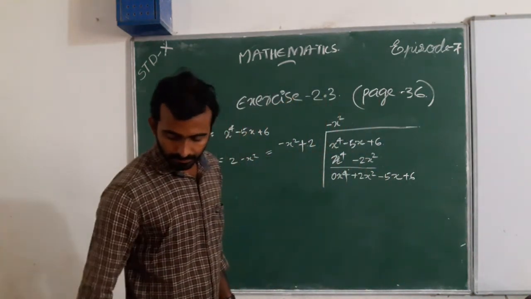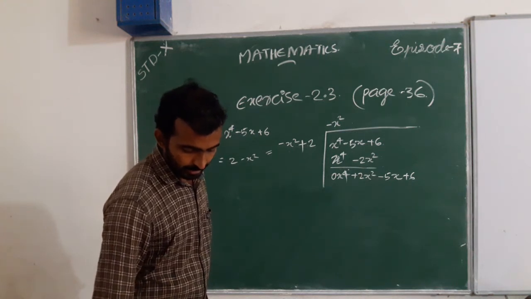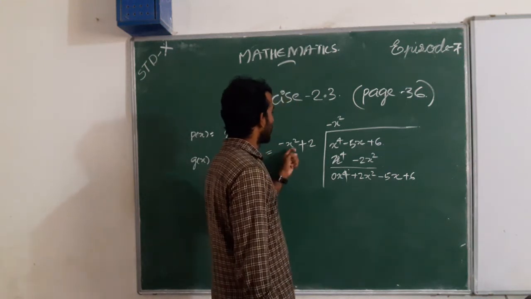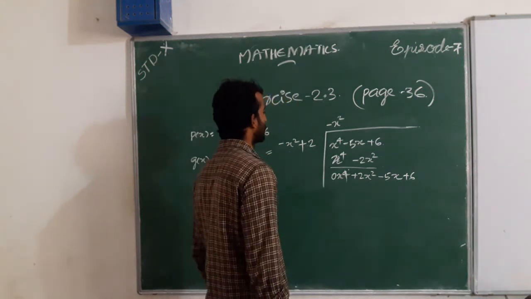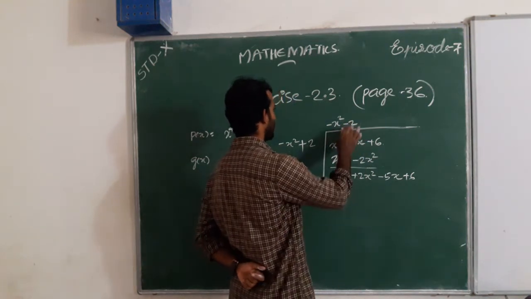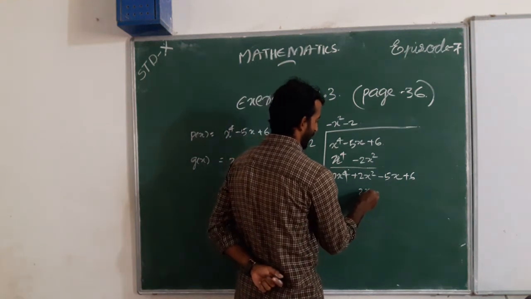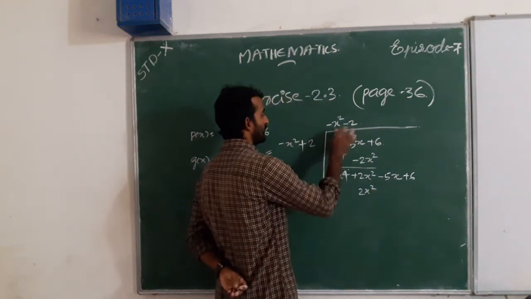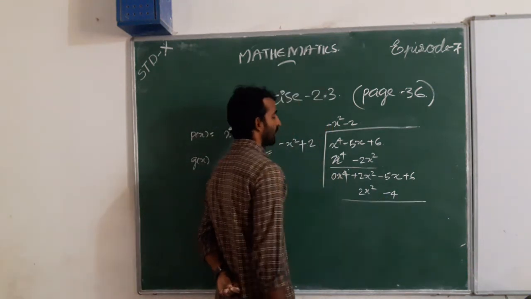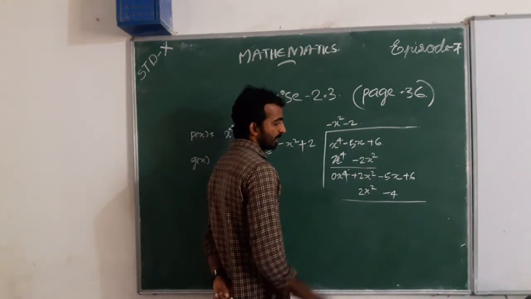What is the next step? Next step is, here we want to cancel plus 2x square. The next step is minus 2. We get minus 2 into minus x square, we get 2x square. 2 into minus 2, we get negative 4.